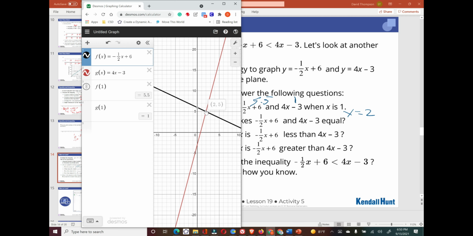So for any value less than 2, or sorry, greater than 2.